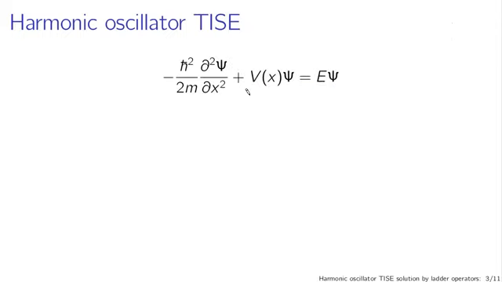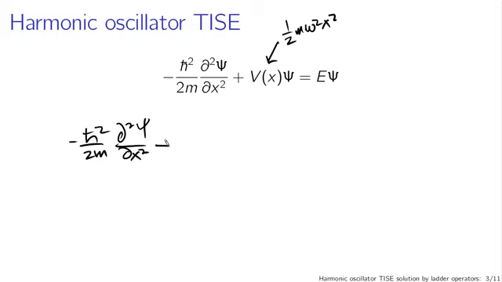To set that up, let's go back to the time-independent Schrodinger equation. This is the general time-independent Schrodinger equation, where now we're going to be substituting in the harmonic oscillator potential, 1/2 m omega squared x squared. That means the harmonic oscillator time-independent Schrodinger equation that we actually have to work with is minus h bar squared over 2m times the second partial derivative of psi with respect to x, plus 1/2 m omega squared x squared psi, equal to E psi.